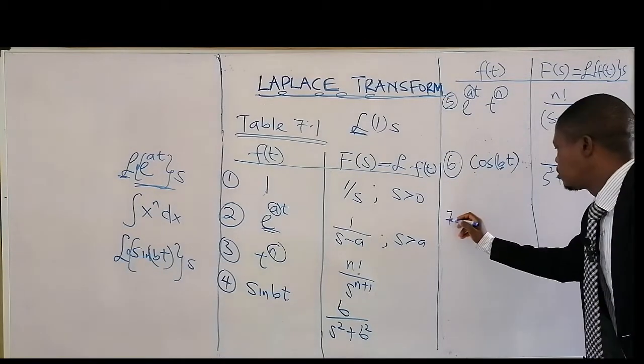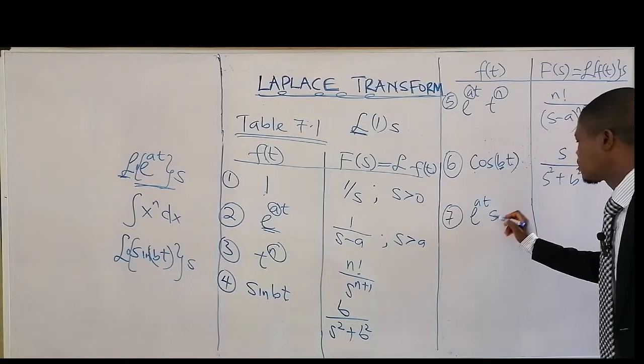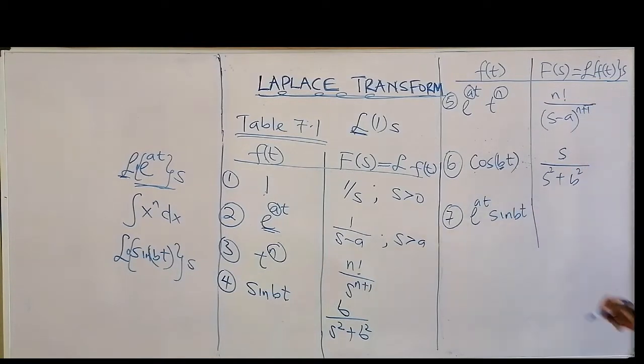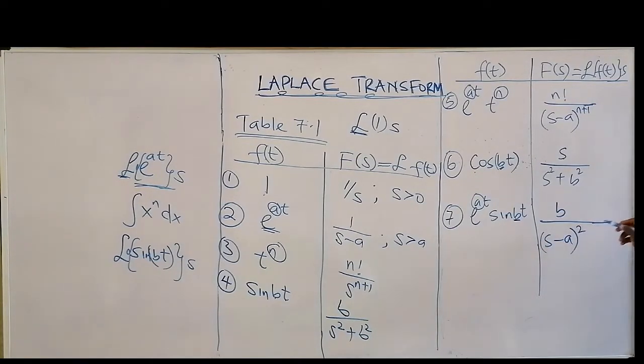What do we have again? The seventh one, Laplace of exponential with sine bt. It's going to be b over s minus the attachment here, a, you square that, then plus b squared.